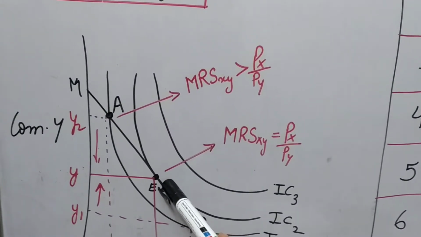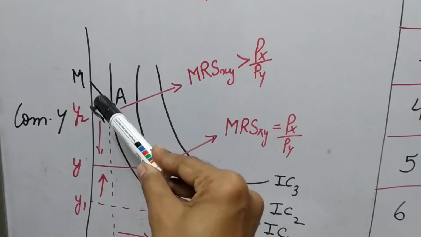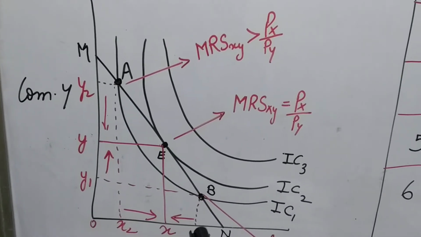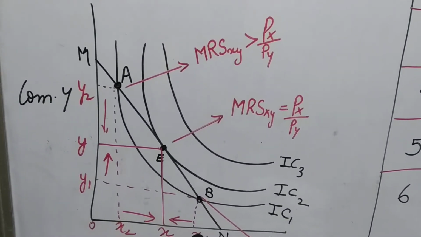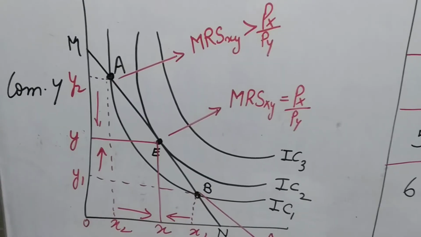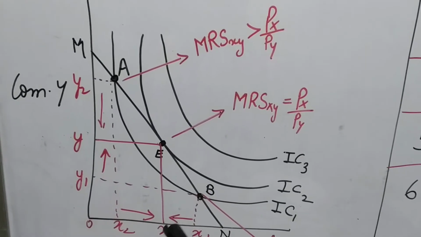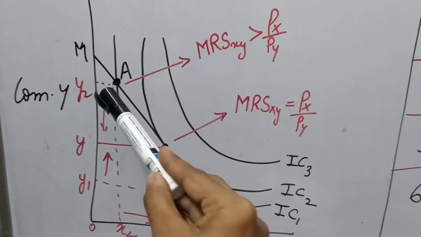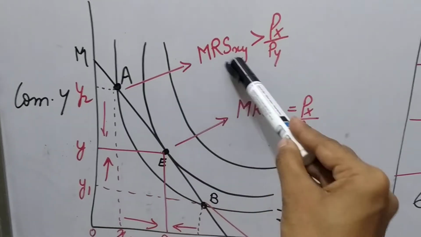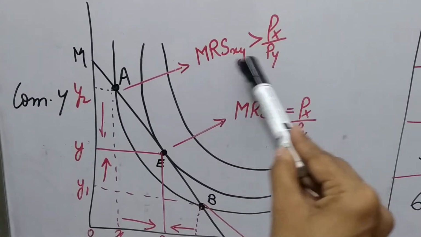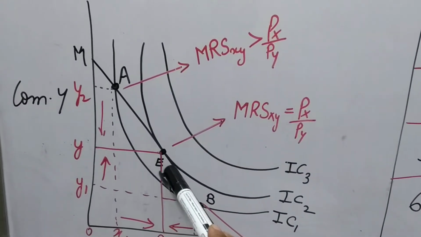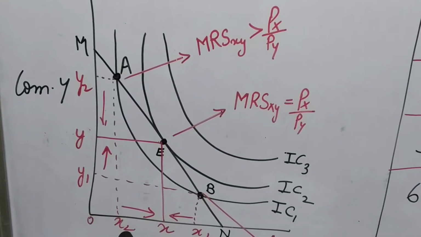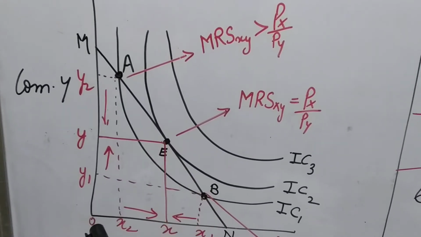So to reach over here, he has to reduce the consumption of the Y commodity and he has to increase the consumption of the X commodity. That means to reach this point, here you can see at this point, this is the disequilibrium condition. From this point to this point if he wants to reach, this is his combination. He is consuming OX2 units of the X commodity and OY2 units of the Y commodity.